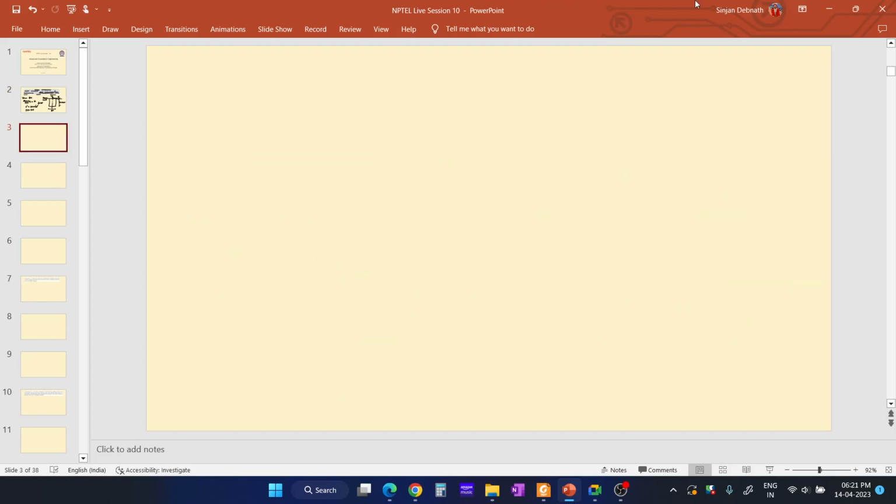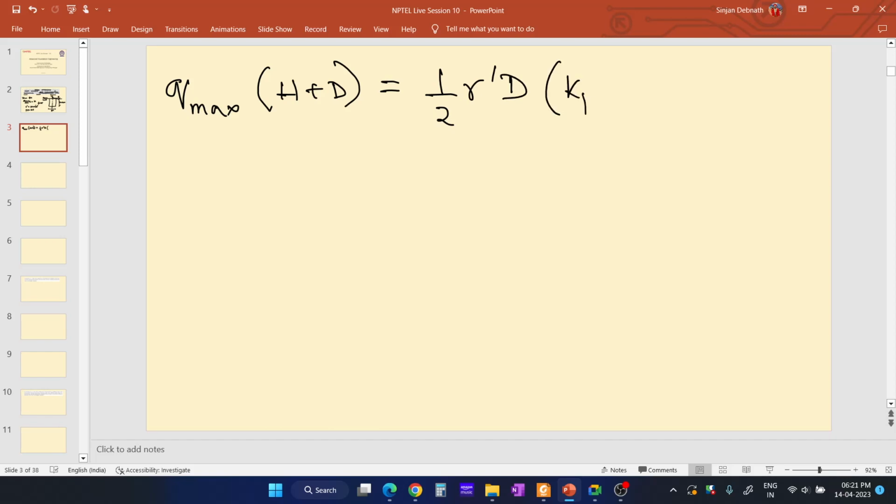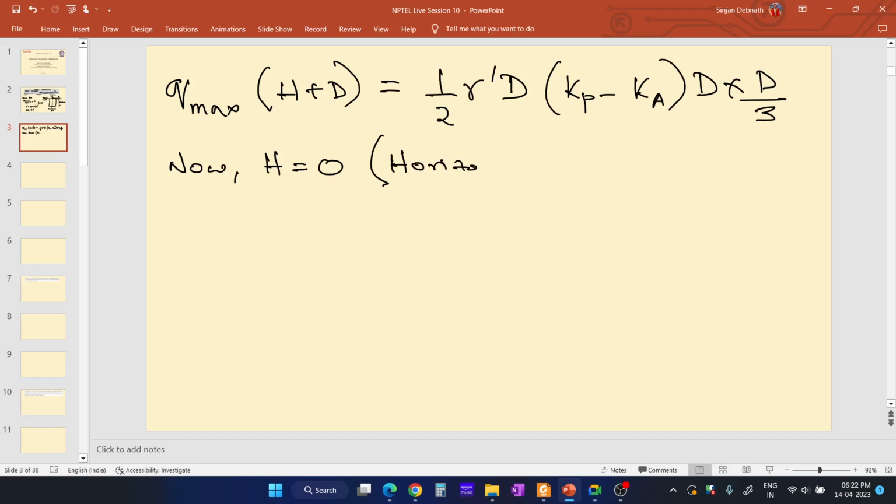So for a heavy well, Q max is equal to half into submerged unit weight into diameter, Kp minus Ka, the coefficients of earth pressure, passive and active, into D into D by 3, in terms of H plus D. Now H is equal to 0, because the horizontal force is acting at the scour level.